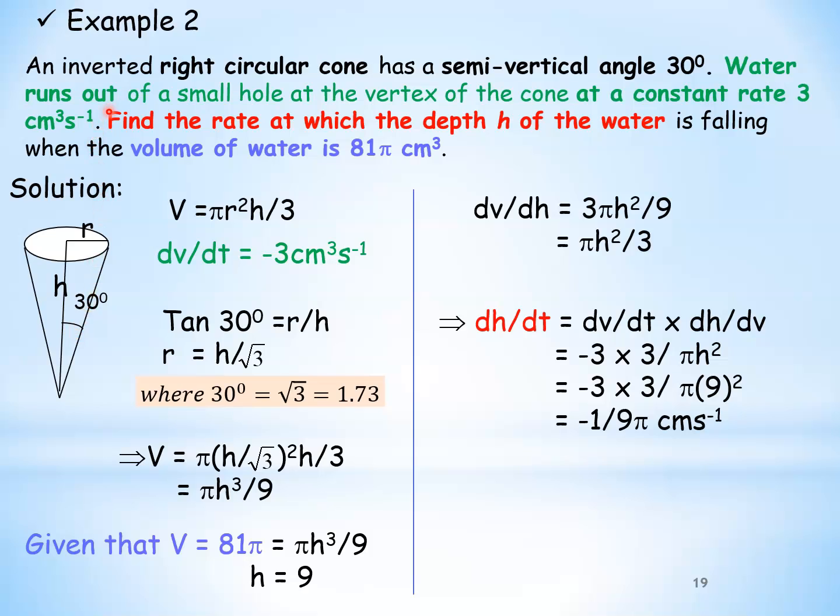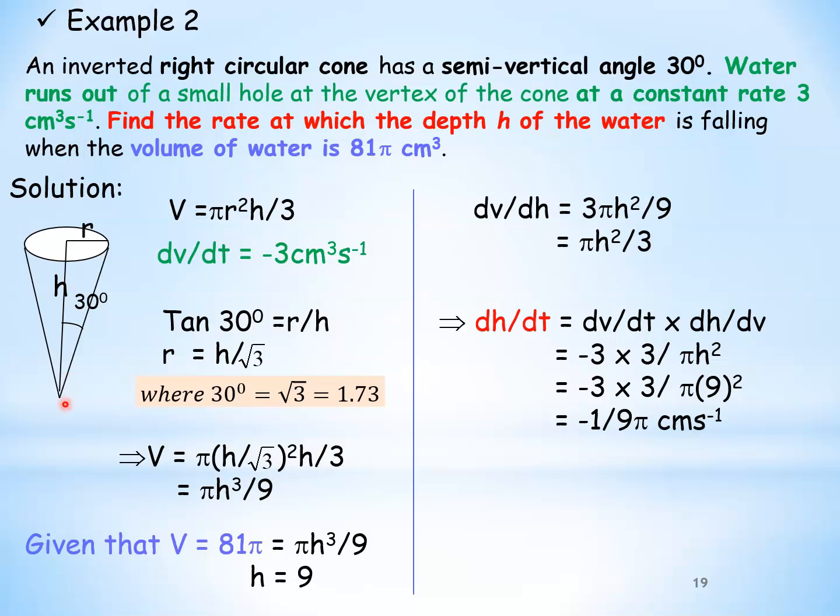Water runs out of a small hole at the vertex of the cone at a constant rate 3 cm³ per second. Okay, dia kata dekat ujung bawah ni, bucu bawah ni ada satu lubang kecil yang mana air mengalir daripada lubang kecil ni dengan kadar 3 cm padu sesaat.